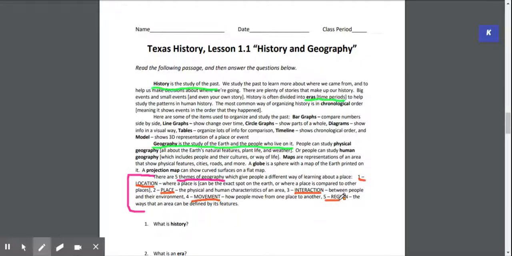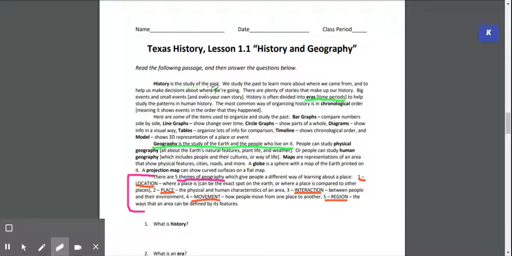And the fifth theme of geography is called region, the ways that an area can be defined by its features. So these right here are the 5 themes of geography. Number 1 is location. Number 2 is place. Number 3 is interaction. Number 4 is movement. And number 5 is called region.